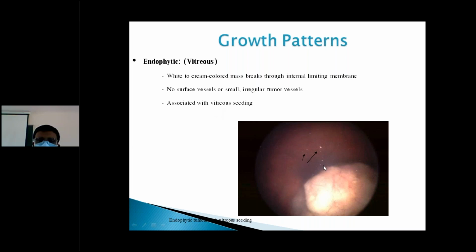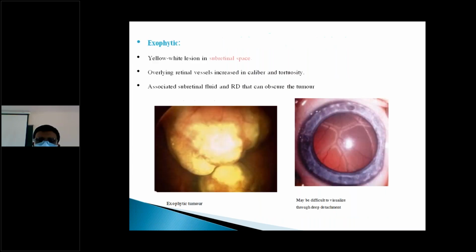Sometimes it may be associated with vitreous seeding. These small cells are the vitreous seeding. This is an endophytic type of retinoblastoma.